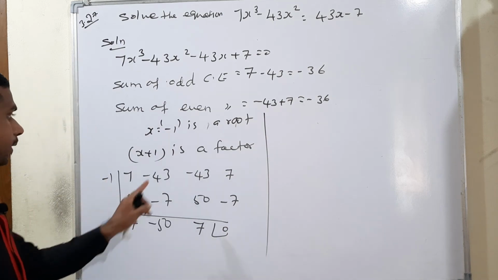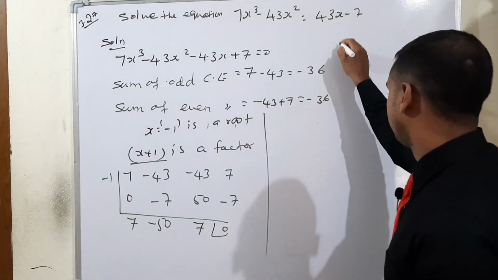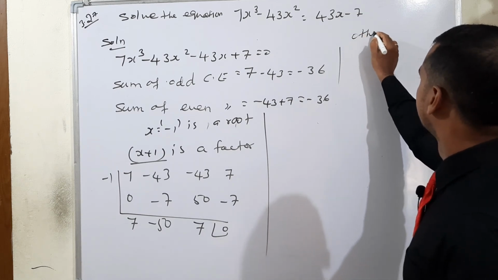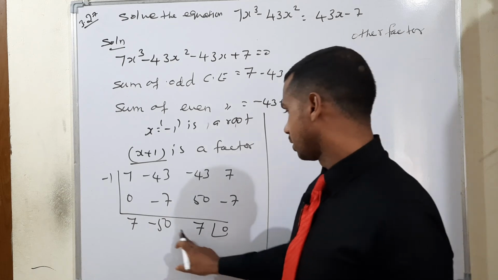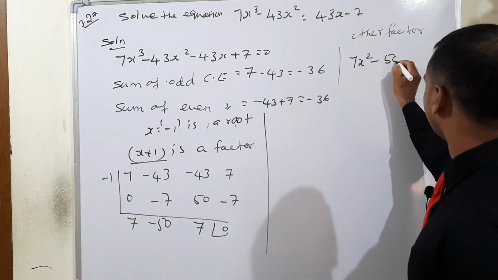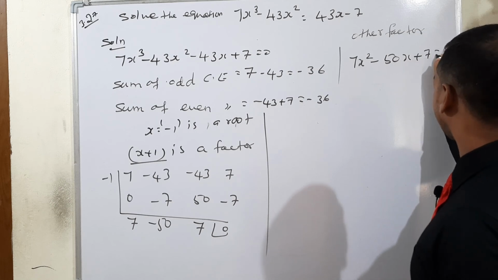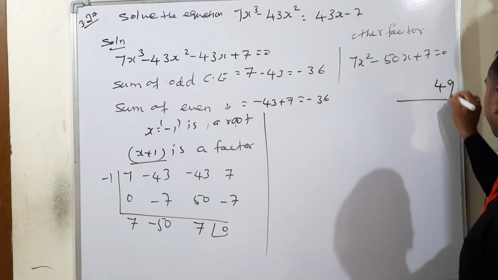So x is equal to minus 1 is a root means x plus 1 is a factor. Therefore the other factor is 7x square minus 50x plus 7 is equal to 0. So definitely the product means 7 into 7, 49.